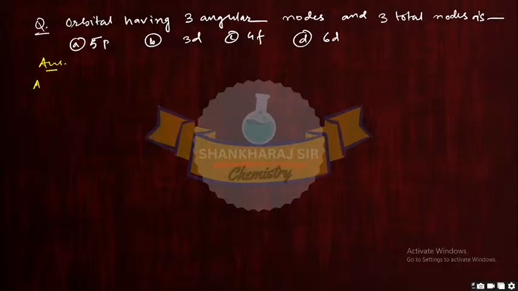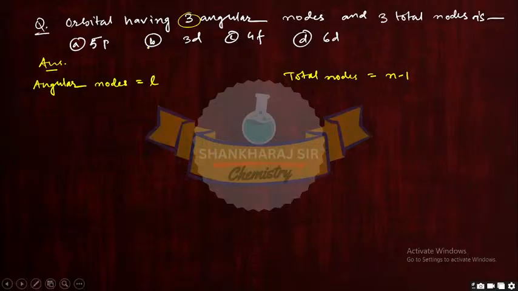So what is the formula of angular node? Angular node is represented by l, and total nodes is represented by n minus 1. It says that the angular node should be 3. So out of these 4 options, where l is 3?